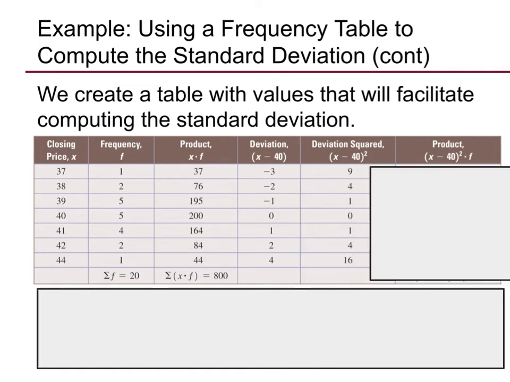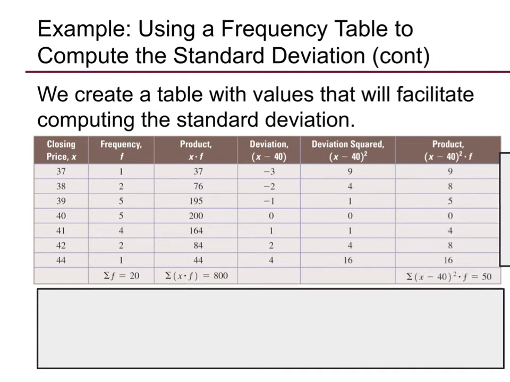Now we're going to square that column. Negative 3 squared is 9, negative 2 squared is 4, 0 squared is 0, and so on.